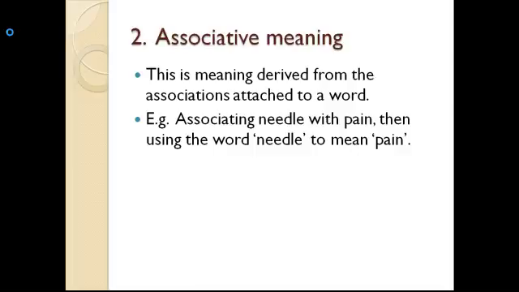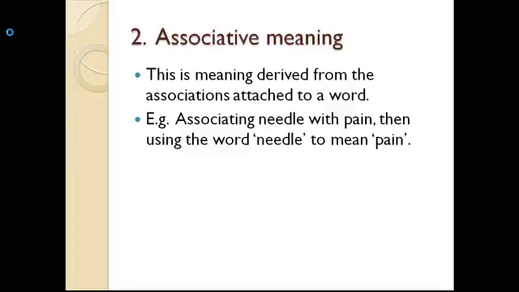For example, what do you associate a needle with? Obviously, pain should be one of them. If a needle pierces onto your skin, you feel pain. So, somebody may wish to use the word needle to mean pain, not necessarily the conceptual meaning. I hope you understand that.